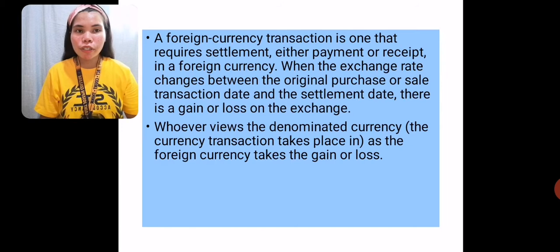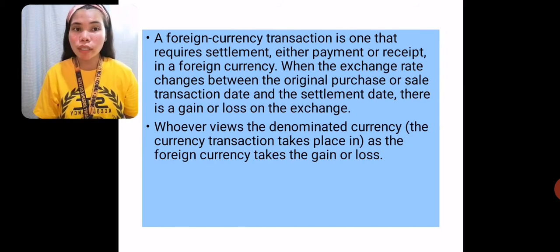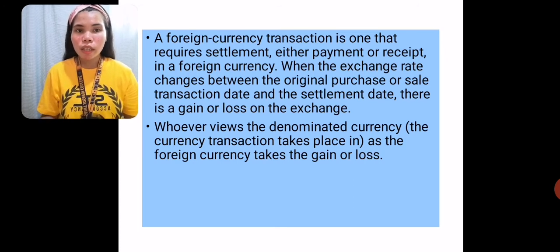A foreign currency transaction is one that requires settlement, either payment or receipt, in the foreign currency. When the exchange rate changes between the original purchase or sale transaction date and the settlement date, there is a gain or loss on the exchange. Whoever views the denominated currency, it is where currency transactions take place, as the foreign currency takes the gain or loss.